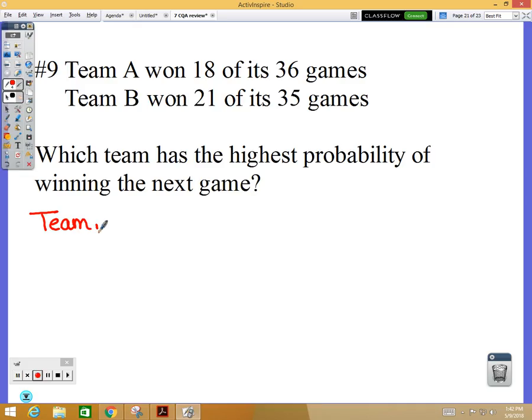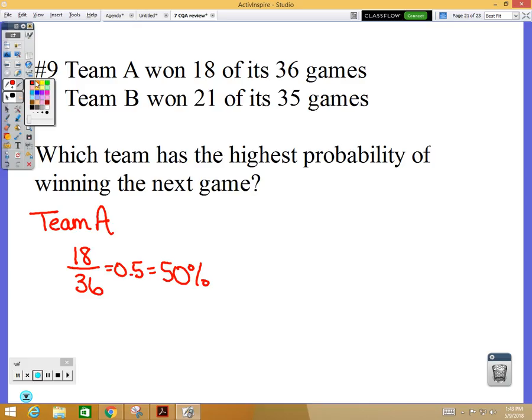So Team A is going to be 18 out of 36 that they won. Write that as a percent then. You should be able to do that by now. Write 18 out of 36 as a percent. So 18 divided by 36 is 0.5, which is 50%.